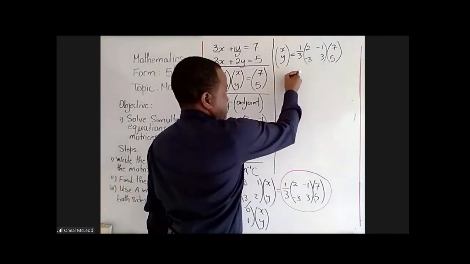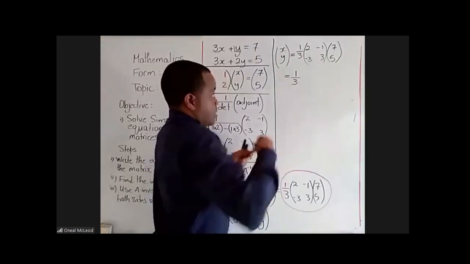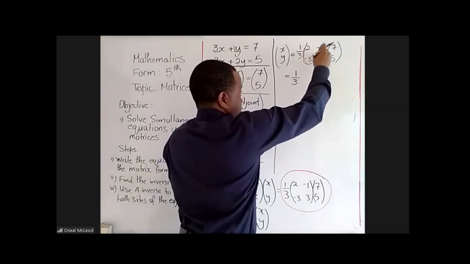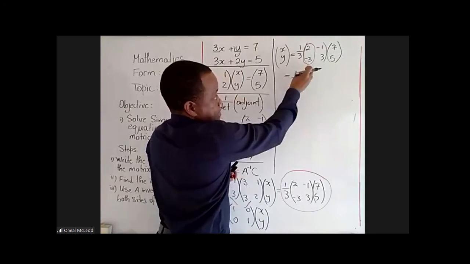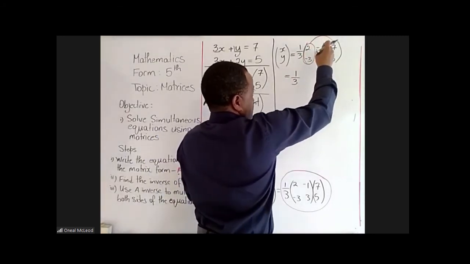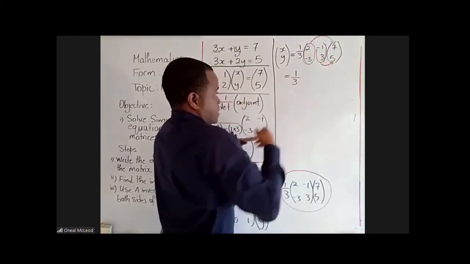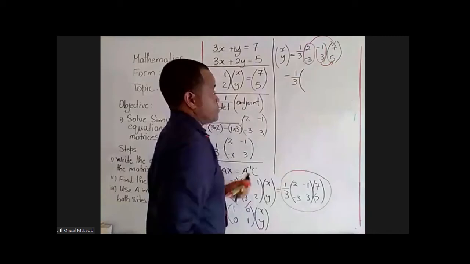So let's bring back down the 1/3. Now again, 2 and -3 will be mapped onto 7, while -1 and 3 will be mapped onto 5. So let's see what transpires now.